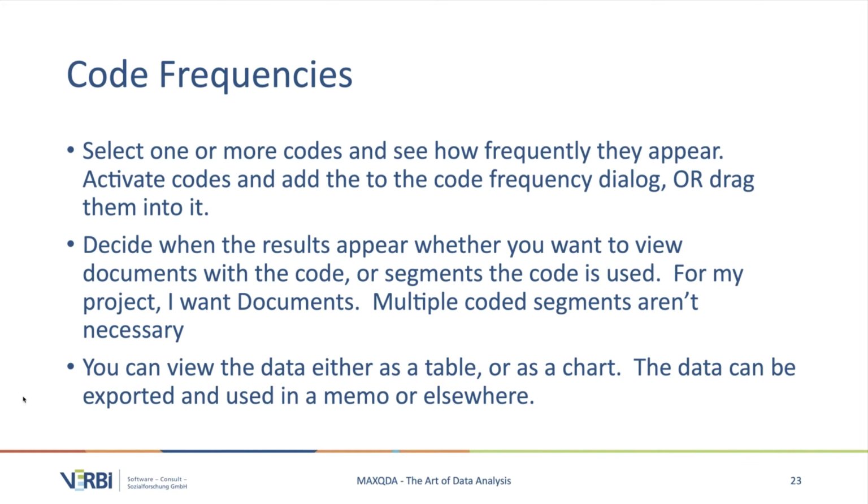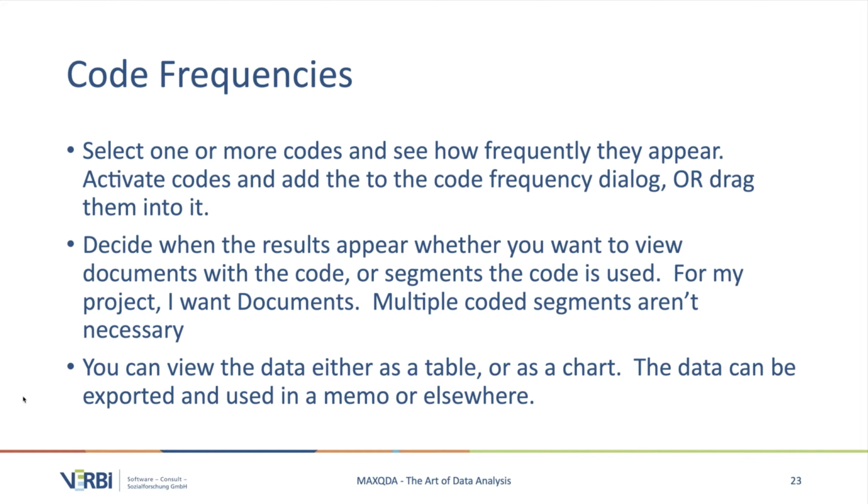When the results appear, decide whether you want to view documents with the code or segments the code is used. For this project, I'm almost always interested in a document level of analysis. I don't care if a code is coded 3 times in a document. All I care is that it's in the document or not, or the case. We can view the data either as a table or a chart, and we can even export that and use it in a memo or in a presentation.